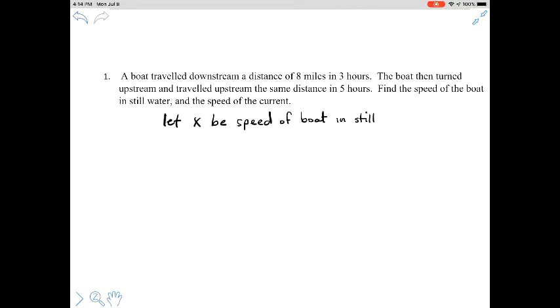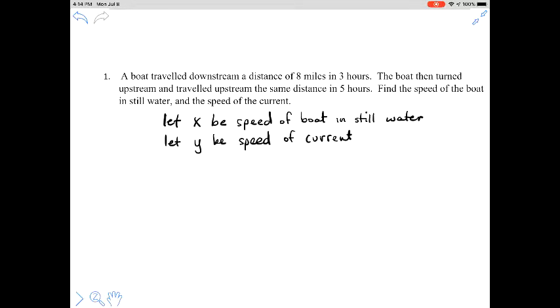Now what it means by the speed of the boat in still water, if we were to remove the boat from the river and just put it in like a lake, how fast would it be traveling? And I'm going to let y be the speed of the current.